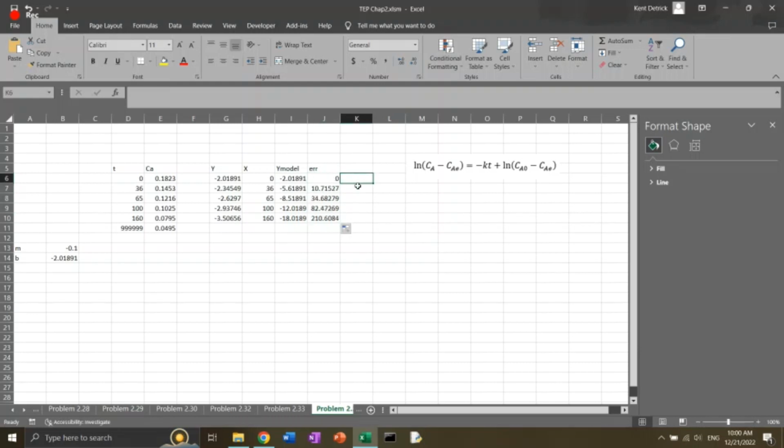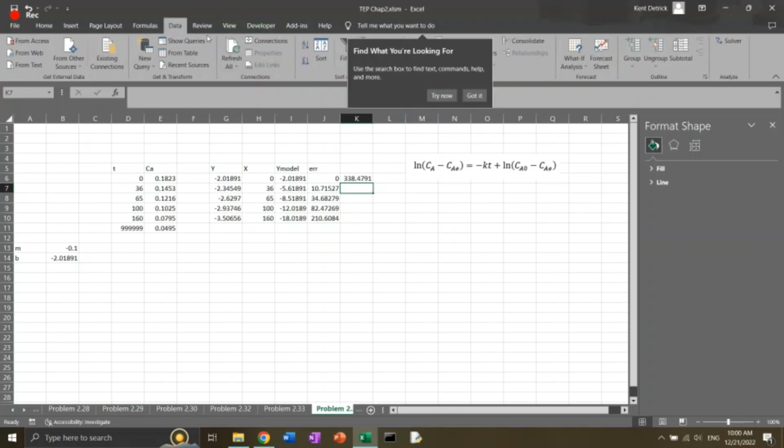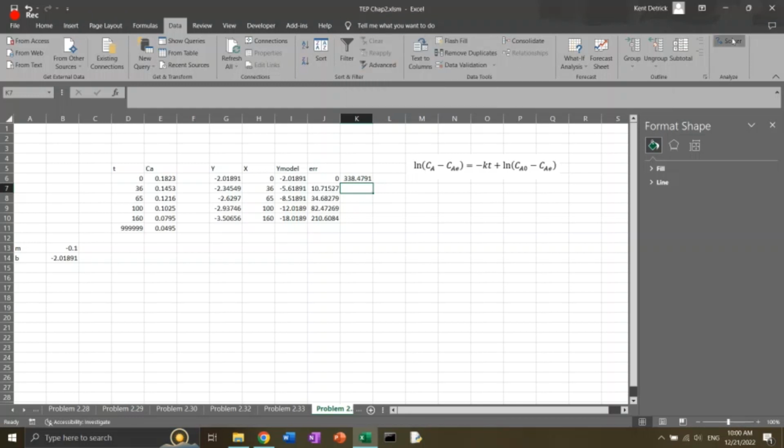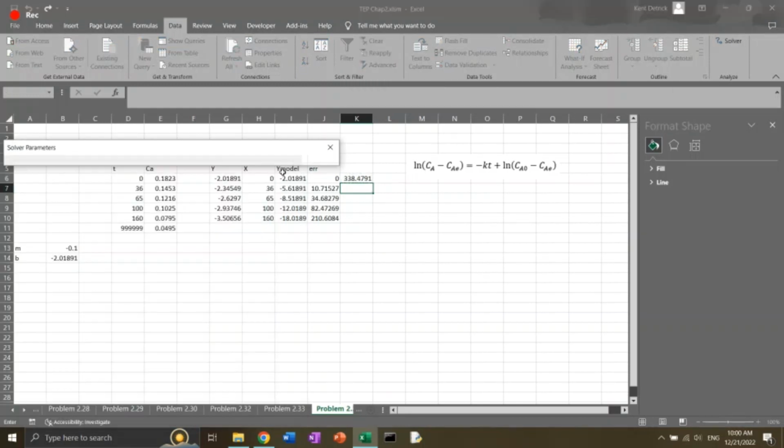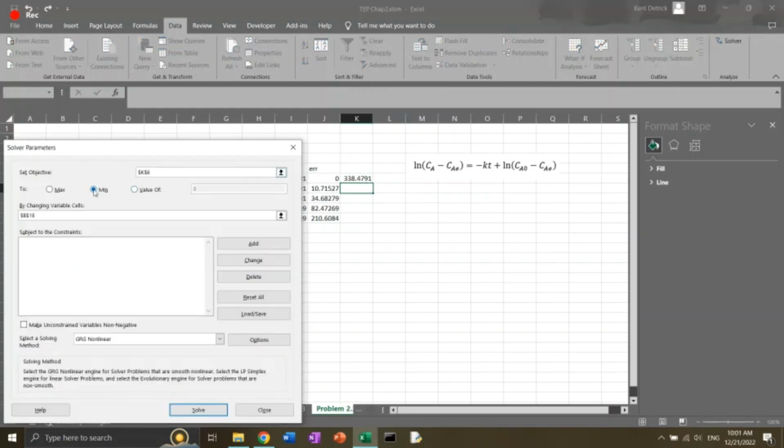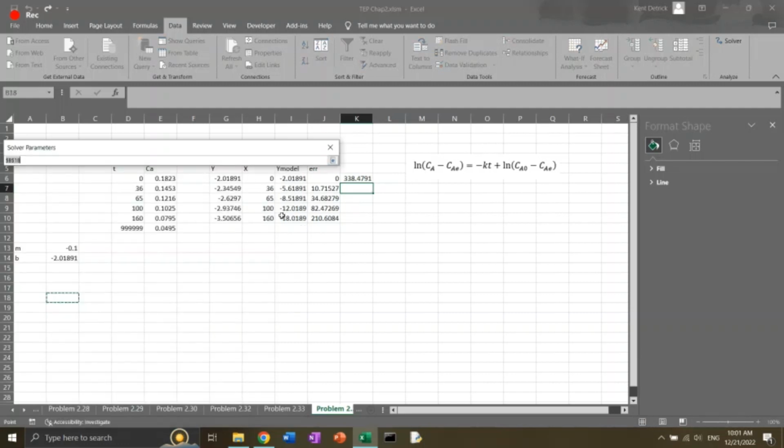Okay, and then we'll sum all of these data points, and then we'll change m until this, our objective function, is at a minimum, and we're going to change our slope.